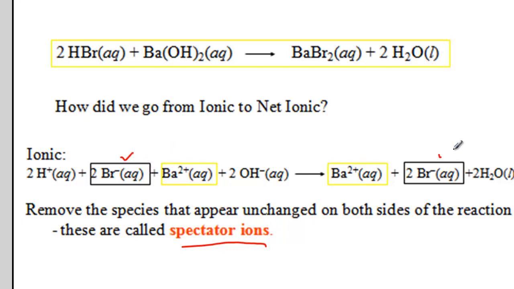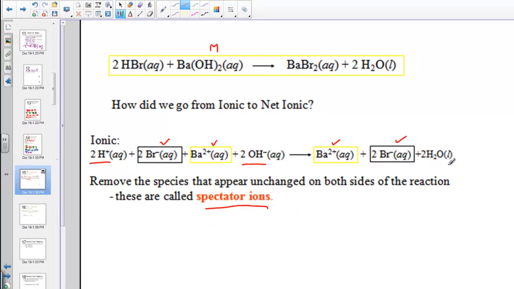Bromide remained unchanged from the left to the right. Barium remained unchanged from the left to the right. They did not undergo a chemical change. Therefore, they're known as spectator ions. And when we eliminate the spectators, we went from the molecular equation to the ionic equation to the net ionic equation by eliminating the spectator ions.